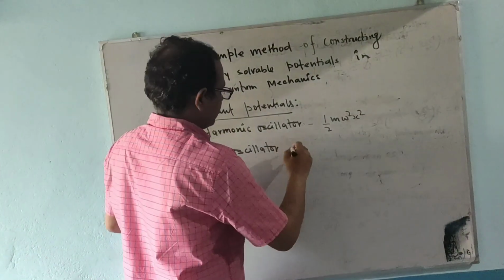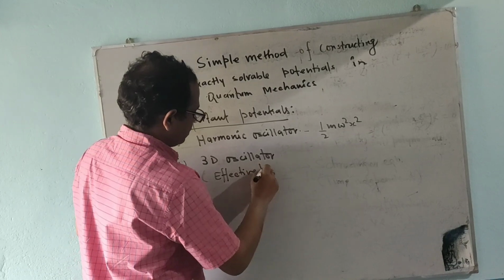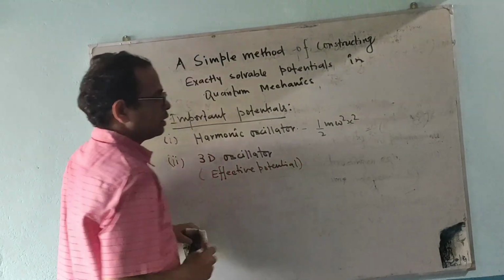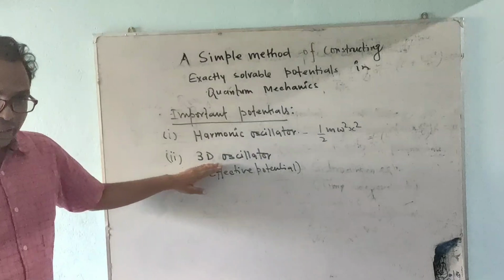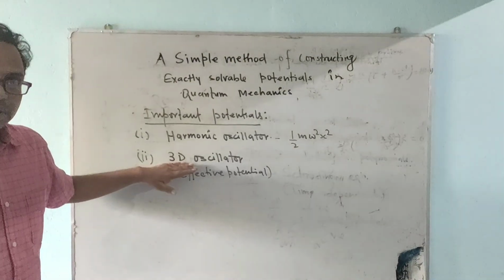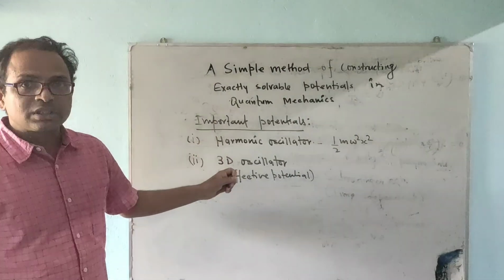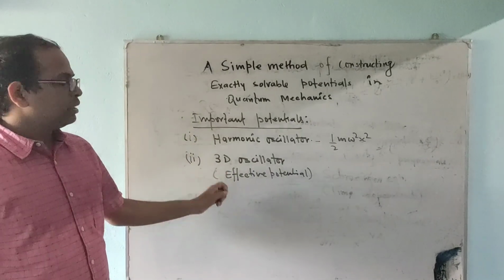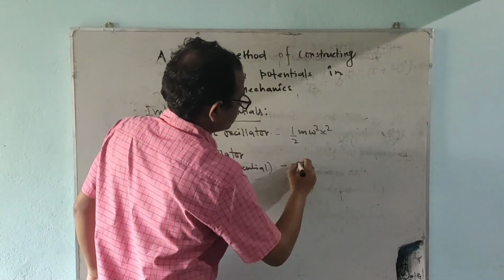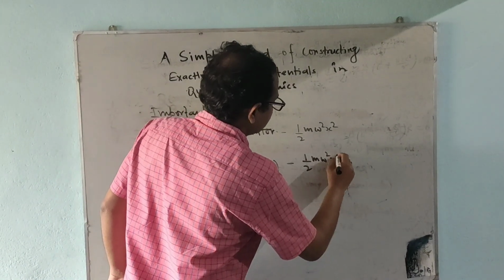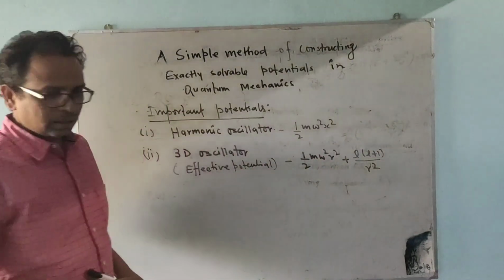The potential is generally the effective potential, half m omega square r square simply, but this is the effective potential because in the 3D case we use the three-dimensional Schrodinger equation and we decouple it into one-dimensional Schrodinger equations, and in that case we get the effective potential like this: half m omega square r square plus l into l plus 1 by r square.